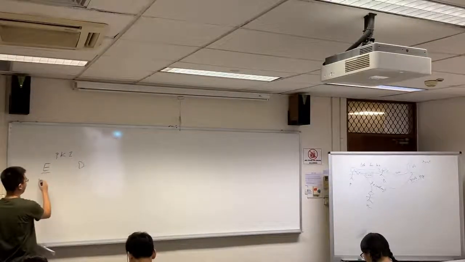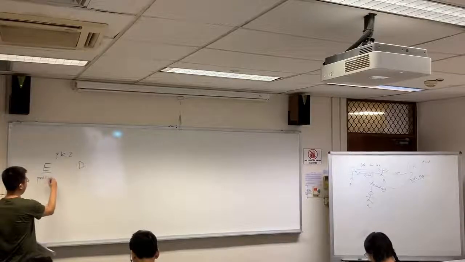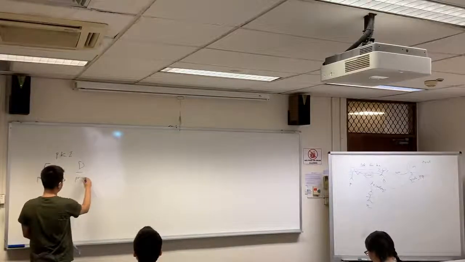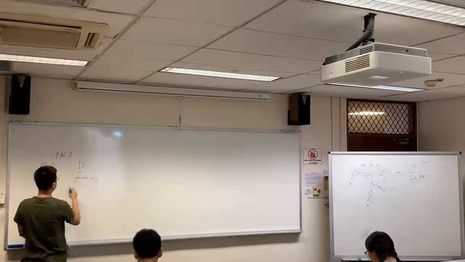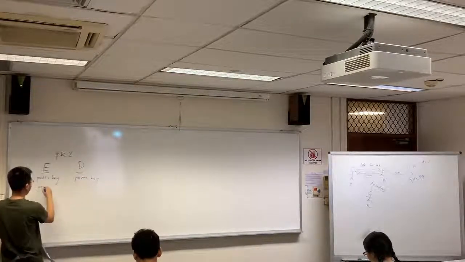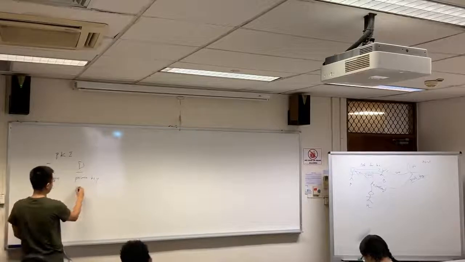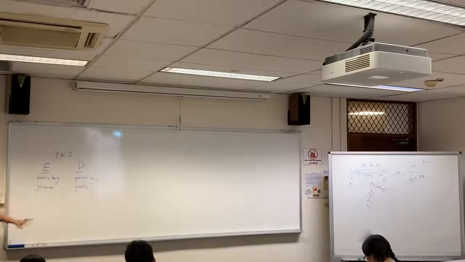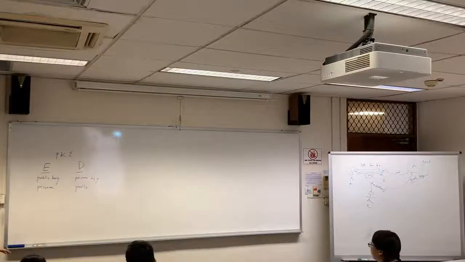For example, in the encryption part, we can use a public key, and in the decryption part, we can use a private key. And of course, we can use the private key to do the encryption and use a public key to do the decryption. Public key means that everybody gets access to these keys, so it's not protected. And for the private key, obviously, only the owner has access to this key.